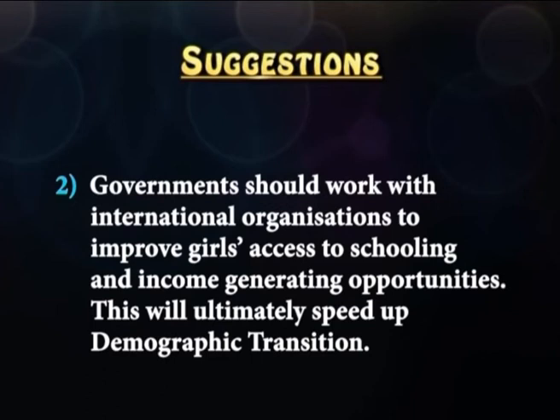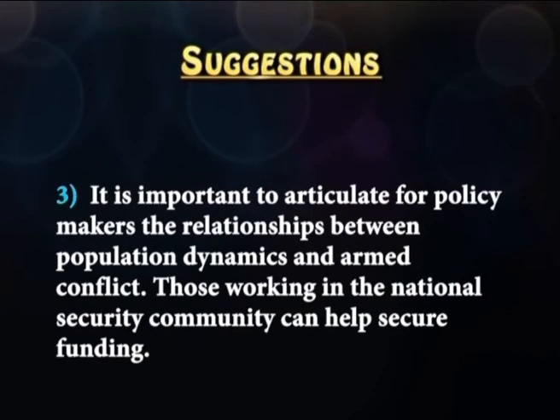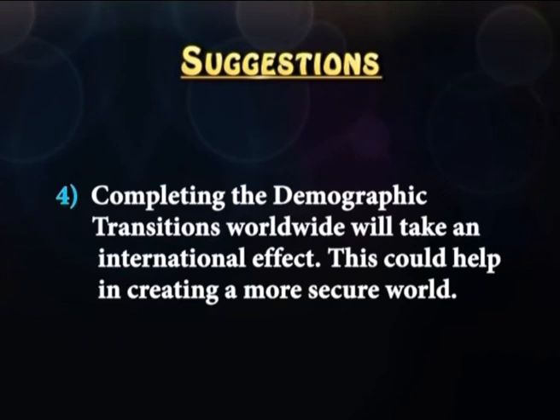This will ultimately speed up demographic transition. It is important to articulate for policymakers the relationships between population dynamics and armed conflict. Those working in the national security community can help secure funding. Completing the demographic transitions worldwide will take an international effort. This could help in creating a more secure world.